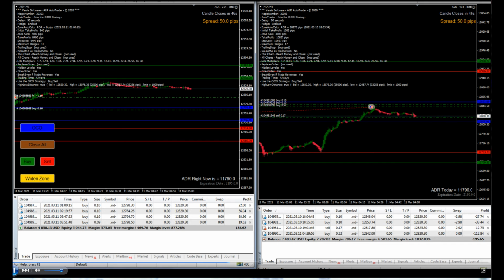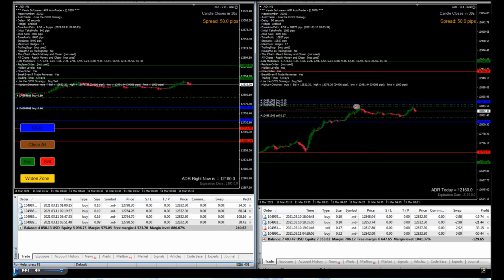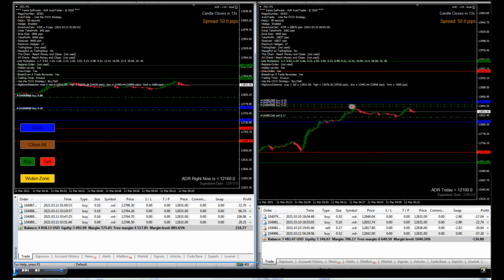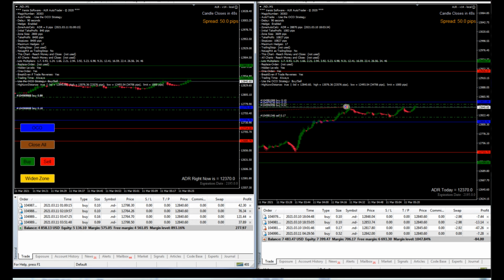So let's just wait this out and see what happens. It should hopefully be hitting the green line soon, and we'll see just how accurate it is. So it's getting very close, just touching.